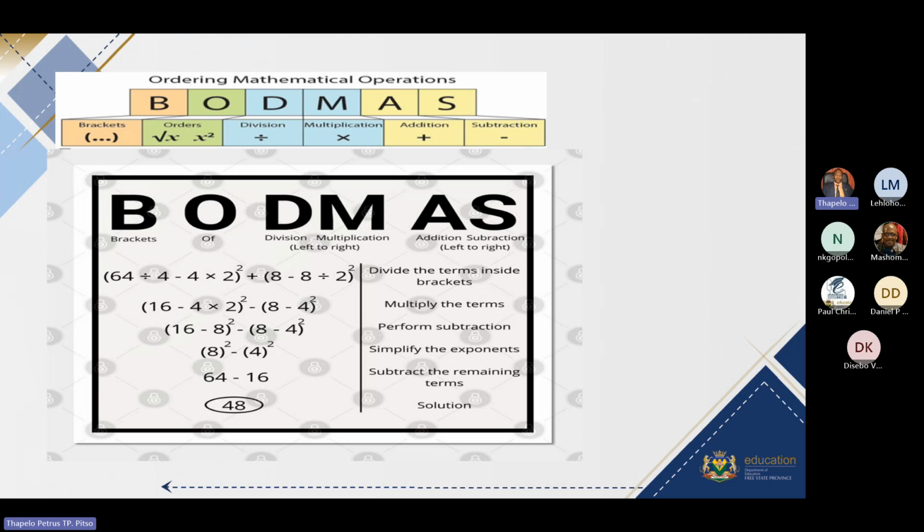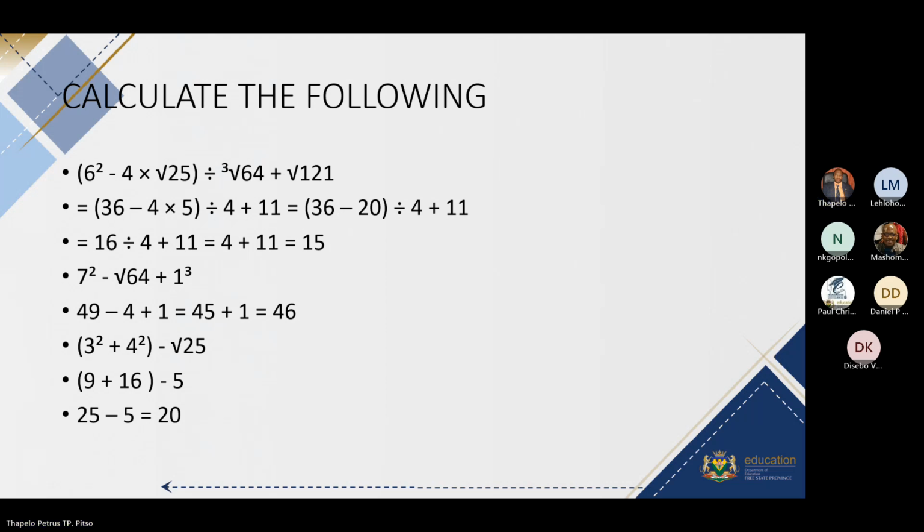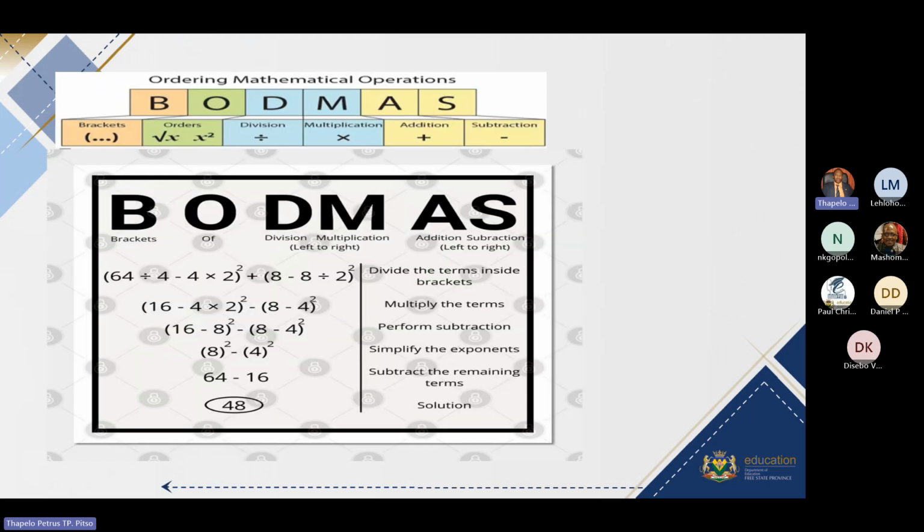Right. In other words, here we will be working out the brackets. But in the brackets, we check what comes first. It's a division from left to right, which is 16 divided by 4. I'm sorry, 64 divided by 4 is 16.